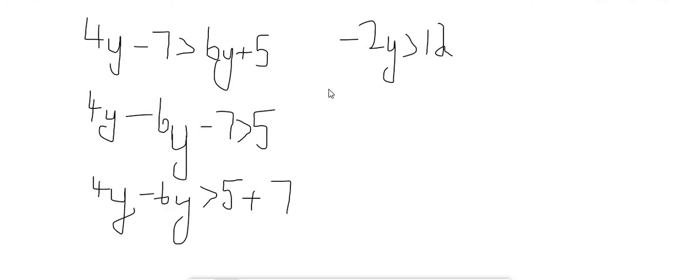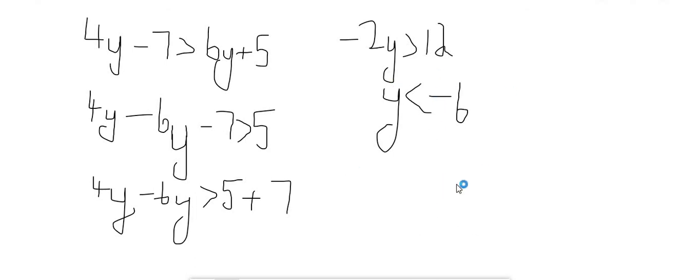Right now it's greater than, but when we're dividing by a negative, -2, it turns into less than. So y is less than -6. All right, perfect. So that's how you solve this inequality.